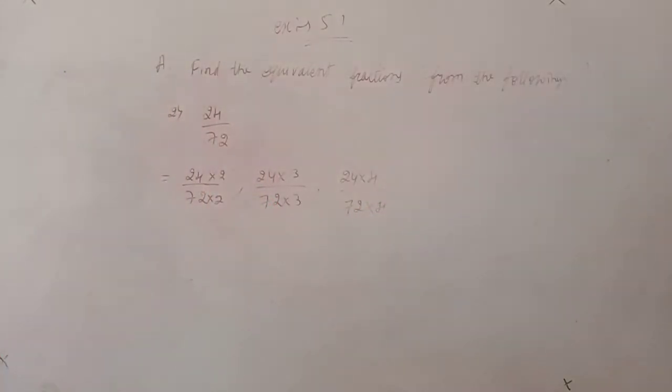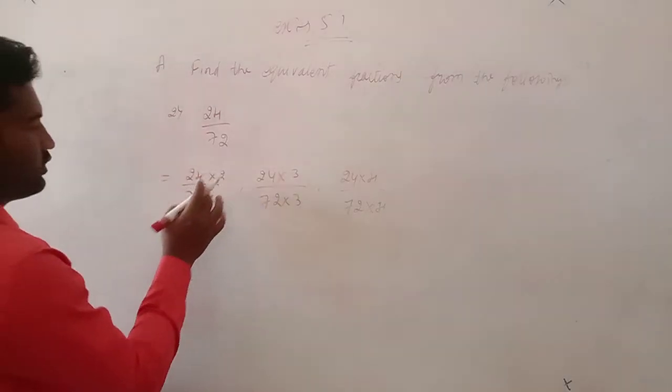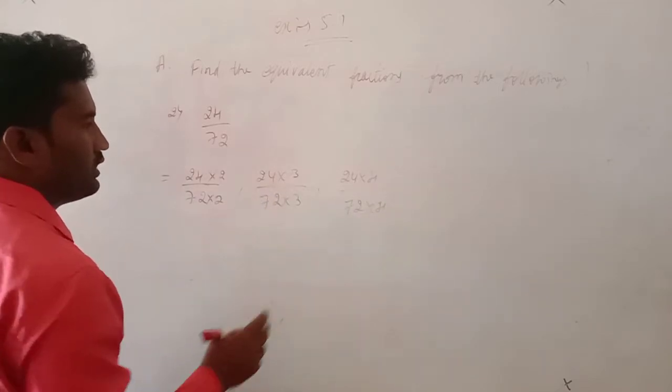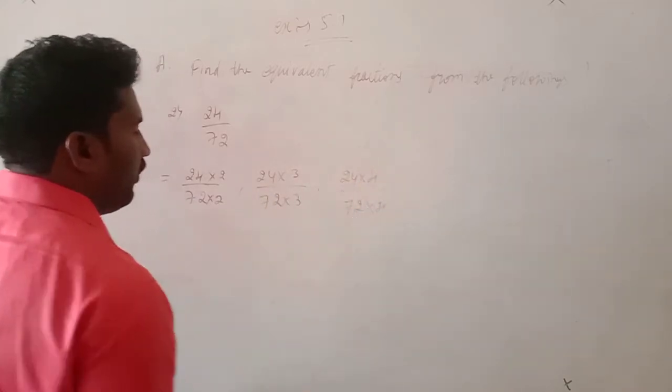So 24 twos and 72 twos, 24 threes and 72 threes, 24 fours and 72 fours.